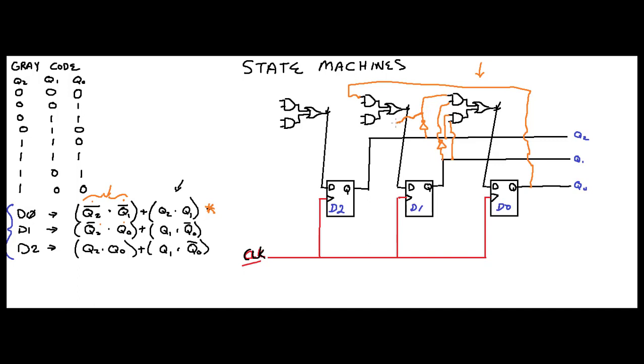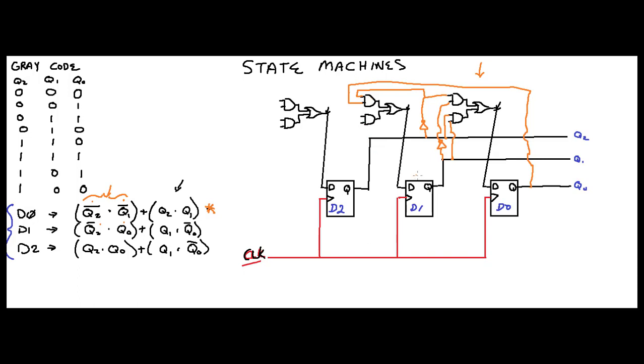You know what? We don't have to do it that way. We can do it better. There you go. There's your Q0. There's your Q0. And there's your Q2 bar. Very good. Now we have to get Q1 and Q0 bar for this one.